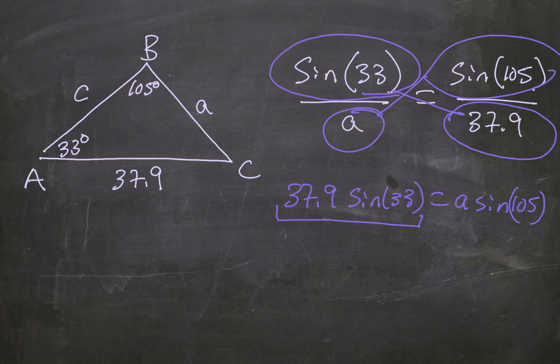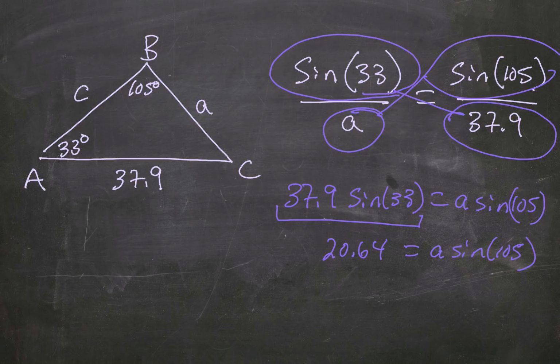And sometimes that kind of keeps you from making mistakes. So I'll go ahead and do that. Make sure your calculator is in degree mode because we're talking about degrees here. You take 37.9 times the sine of 33. That gives me 20.64. That equals A times the sine of 105.